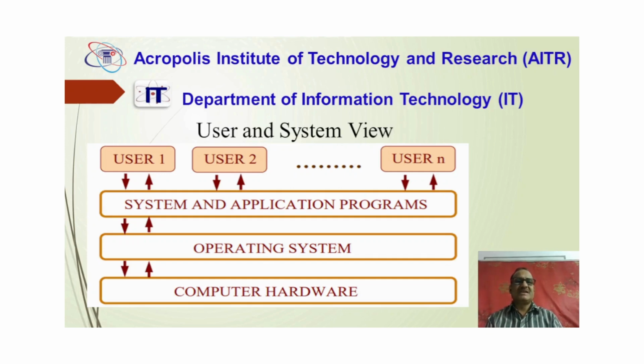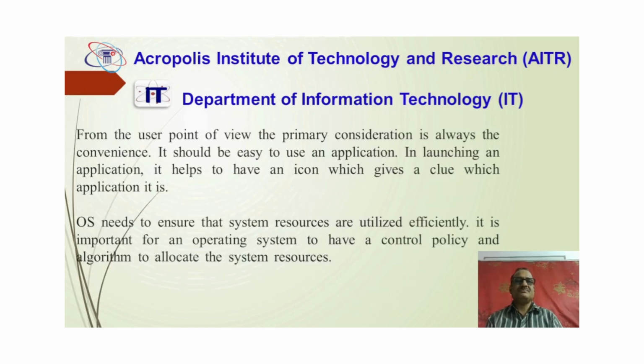Whatever input is given by the user through application programs, that input is received by operating system and provided to hardware. As and when output is generated, the result is generated, operating system takes it and gives it to the application program so that the user can see it. So this is the mediating role of operating system.